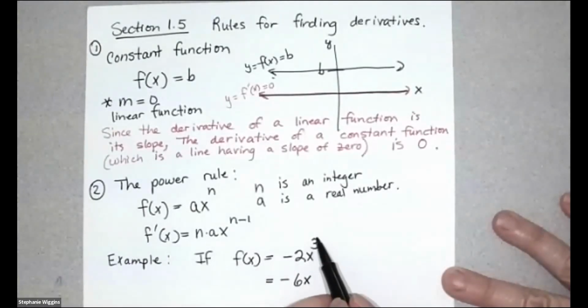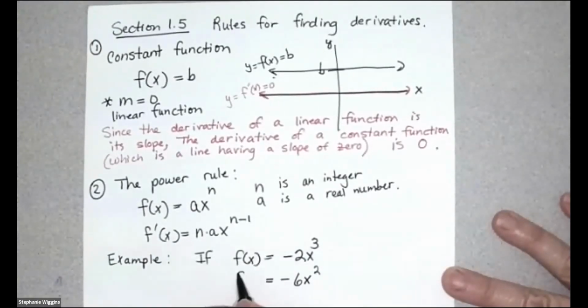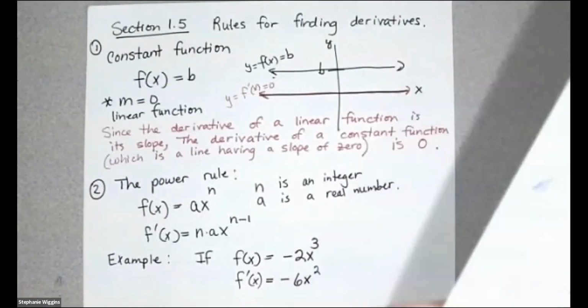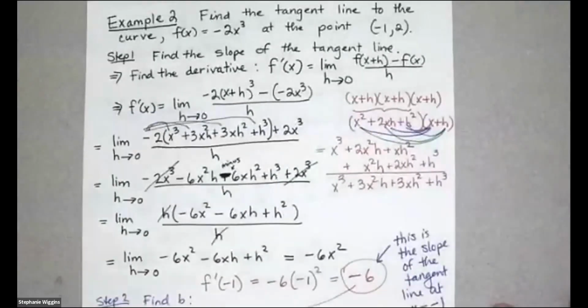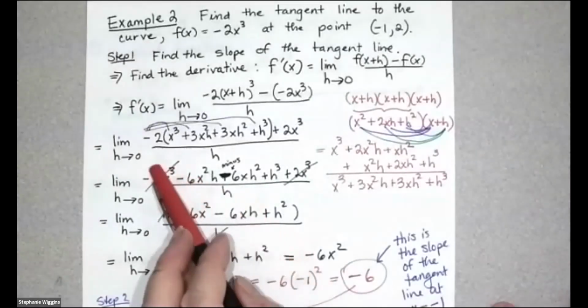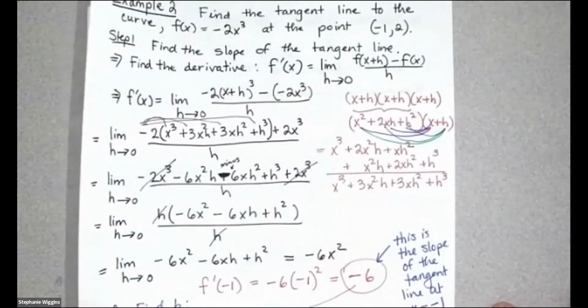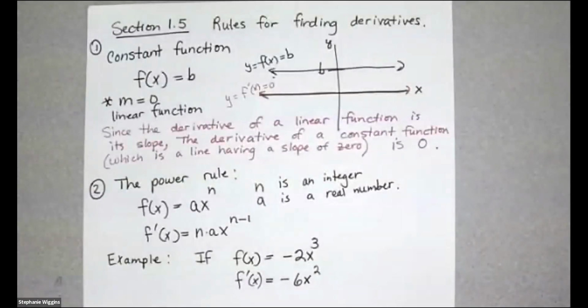Then we subtract 1 from 3, and that gives me the derivative being negative 6x squared. Remember, I did all of that work earlier just to get that answer. If I had just applied the power rule, I would have gone in one step: 3 times negative 2, subtract 1, and get negative 6x squared.